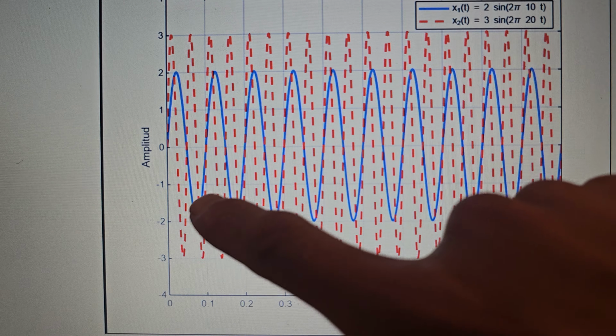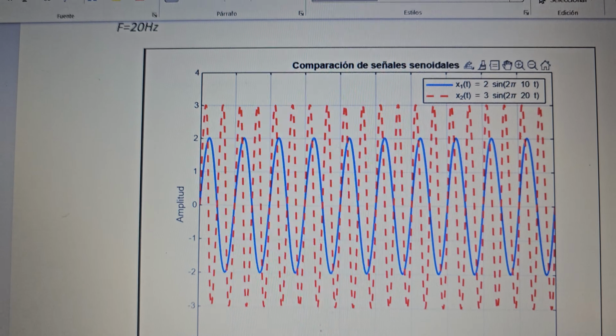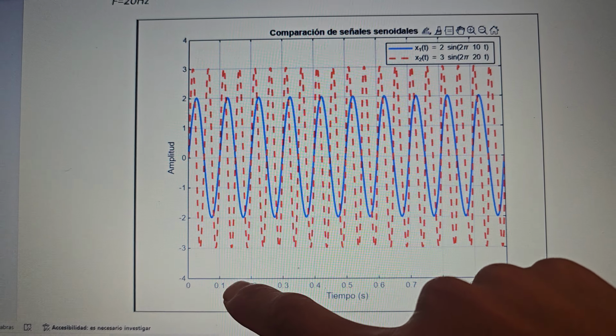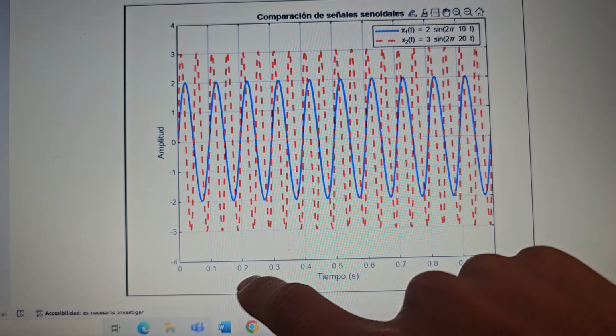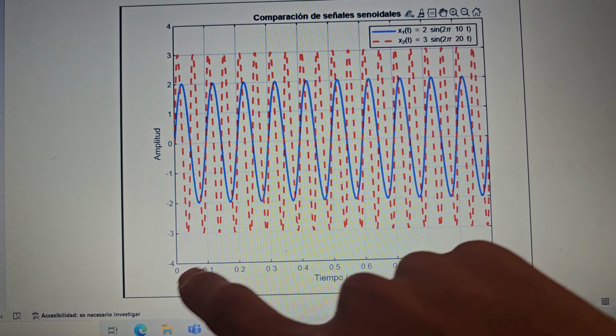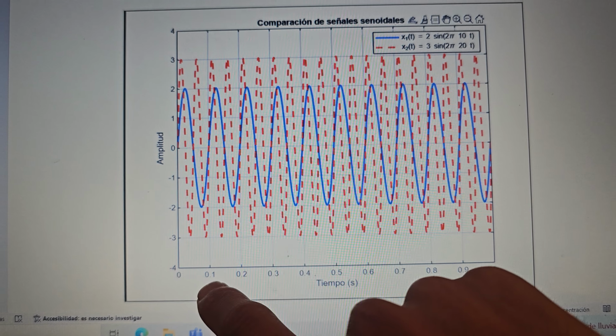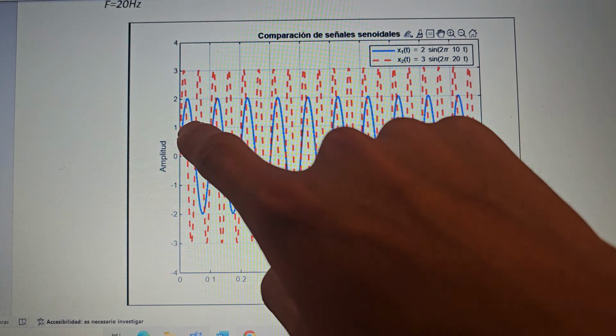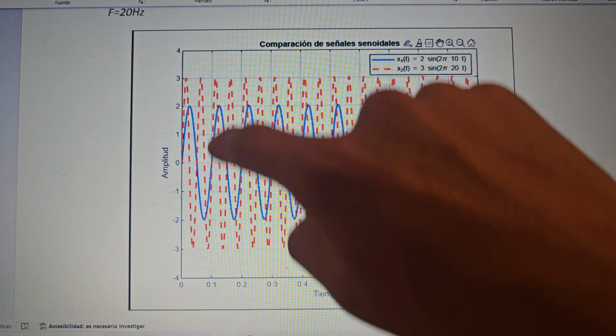So when we read the time in this region of the plane from 0 to 0.1, there are two periods of the red signal.